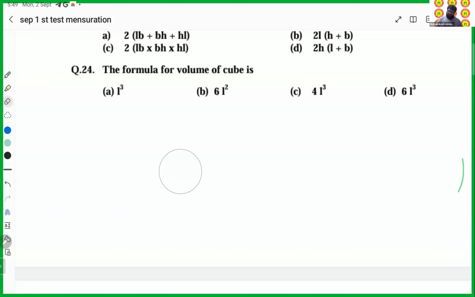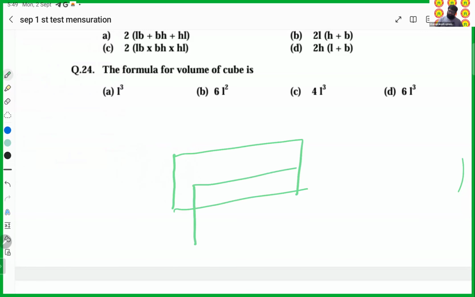Suppose I consider a cuboid. How many sides do we have in this cuboid? Six sides, right? While we were discussing surface area, there are 6 sides, and we add the area of the 6 sides.